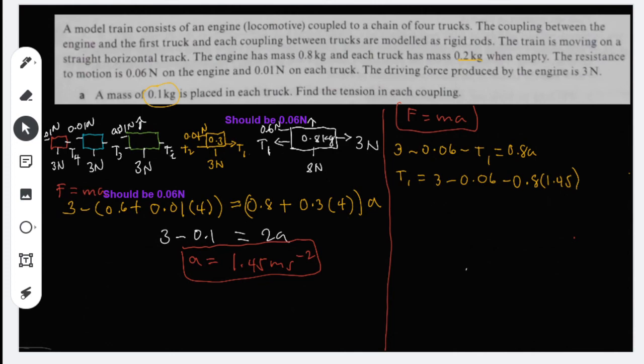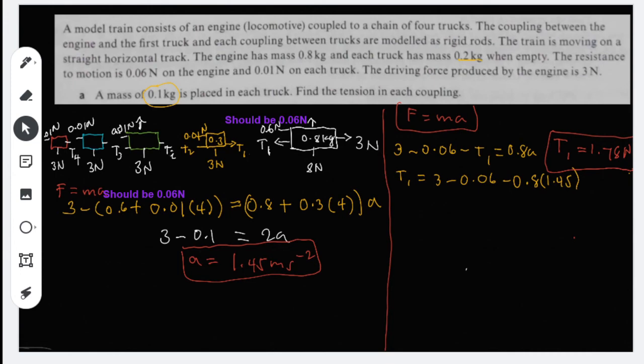So here, our T sub 1 will be equal to 1.78 Newton to 2 decimal places. Again, you can pause the video so you can compute.